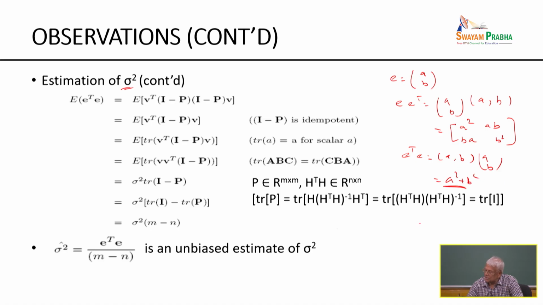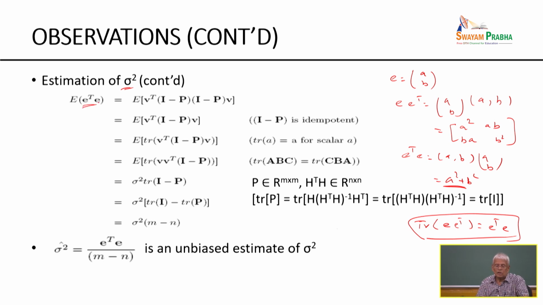Therefore, you can readily see the trace of E E transpose is equal to E transpose E. I hope you are all with me now. Therefore, computing the trace of the covariance is equivalent to computing E transpose E.